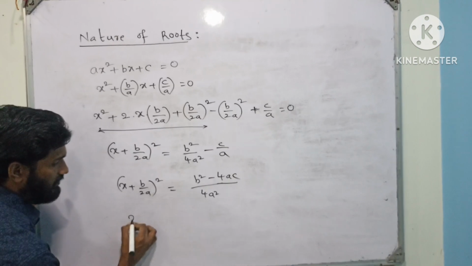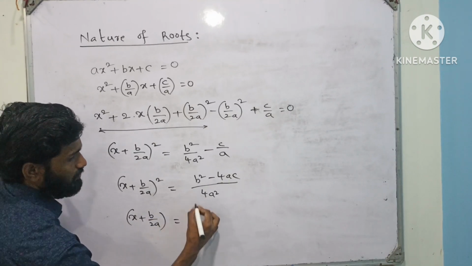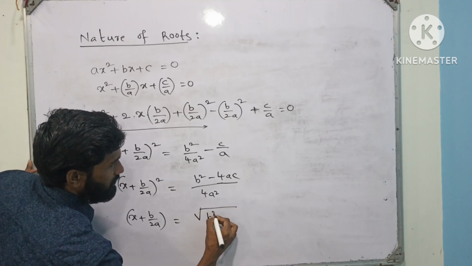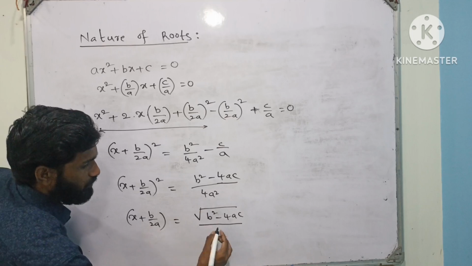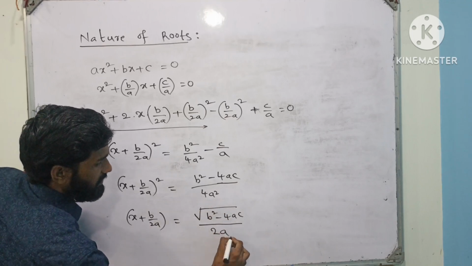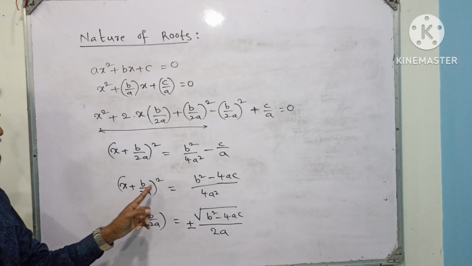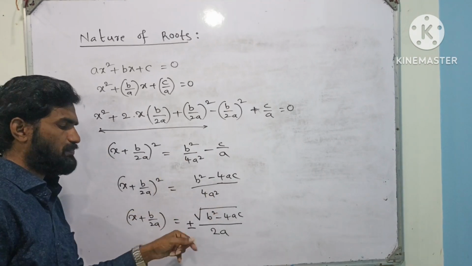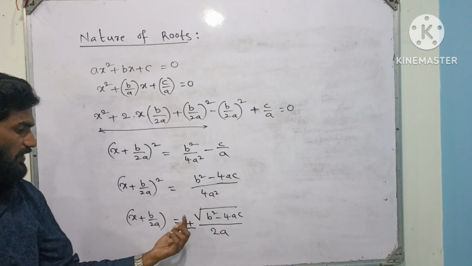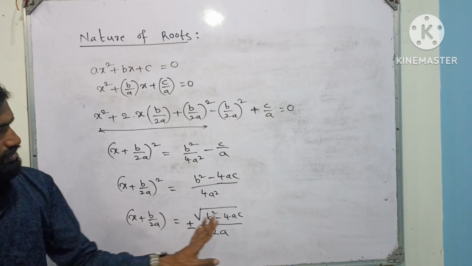Now send the square to that side. What will happen? x plus b by 2a is equal to root over b square minus 4ac by root 4 is 2, root a square is a, but we will get here plus or minus. Root means here, square means if I send square to that side, either it is positive or it may be negative. That's why I have taken here plus or minus. Now send this plus b by 2a to that side.